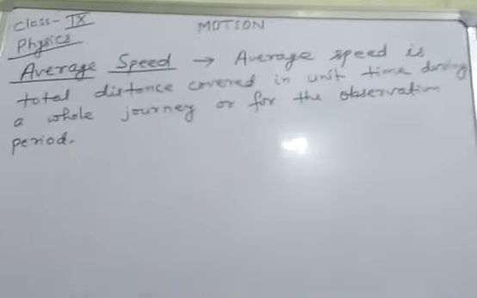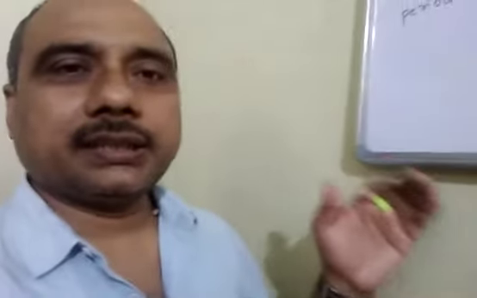Means if you have to find average speed, first see what distance is covered by the object, then divide it by the total time taken to complete the distance traveled.